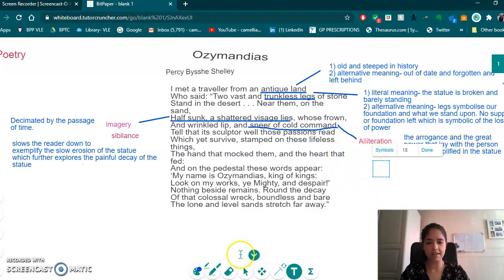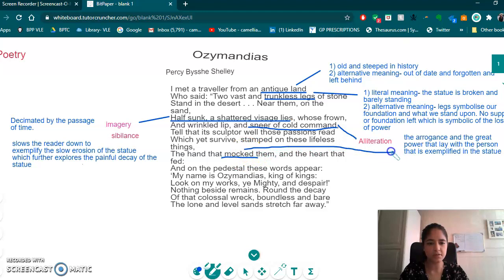And this again is pretty much mirrored by the use of the phrase here, the hand that mocked them. So if we connect these two, this is what is exemplifying that this person was really arrogant.